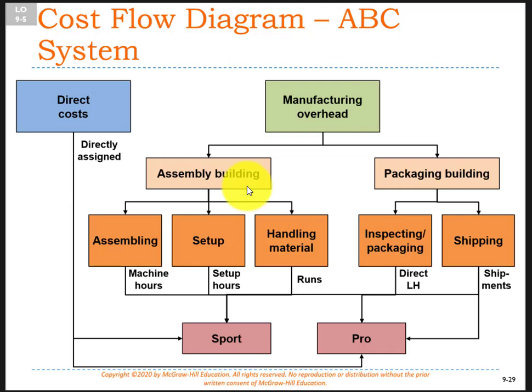We can start to talk about managing those costs and finding the best, most efficient way to use some of these activities. Maybe there's ways to reduce our handling materials, but until you break down the overhead into just that and you see how it works for each product, you don't really have much to go by on trying to make that process more efficient.